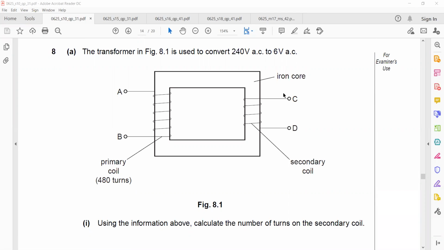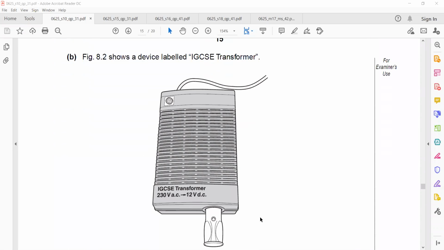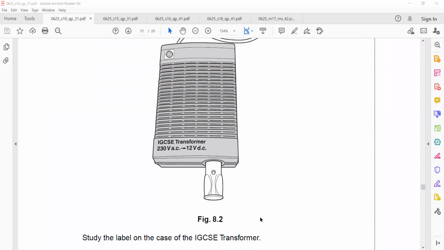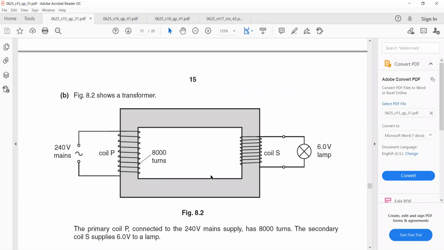Even in the primary, there is a heat loss in the coil or the wire in the form of heat. So you can mention the wire and how it is lost in the form of heat.